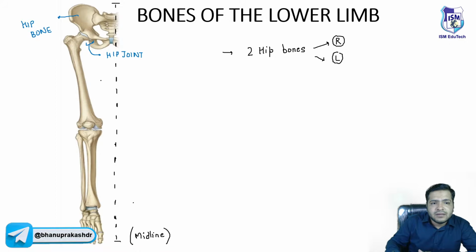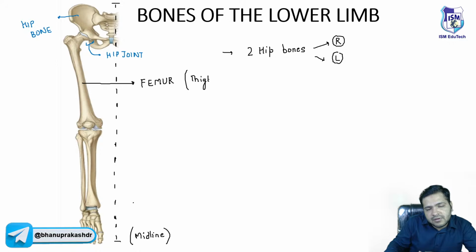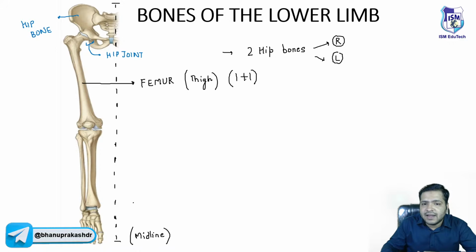Apart from that, beta, if you want to name this bone, this is the femur. I have already told you this is the femur. It is present in the thigh region, and it is 1 plus 1. When I say 1 plus 1, you are already aware that I'm talking about the right femur and the left femur.